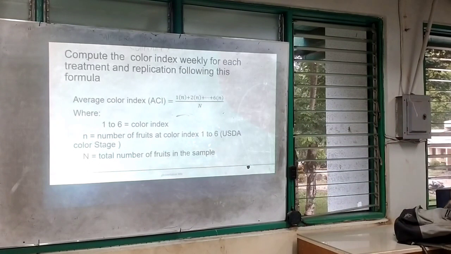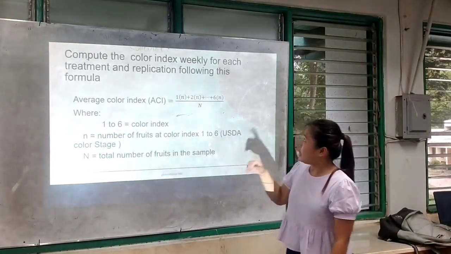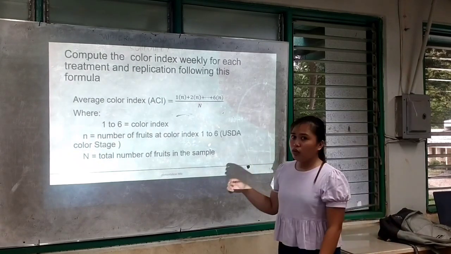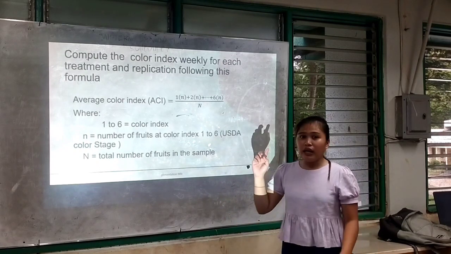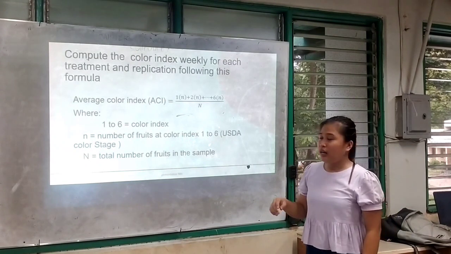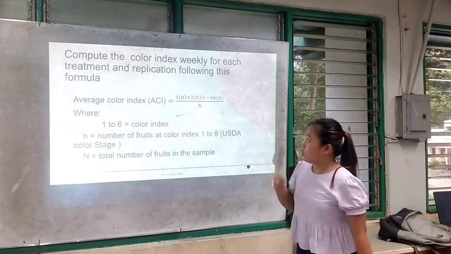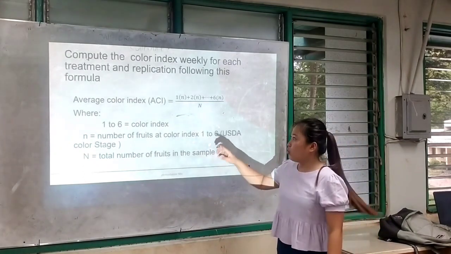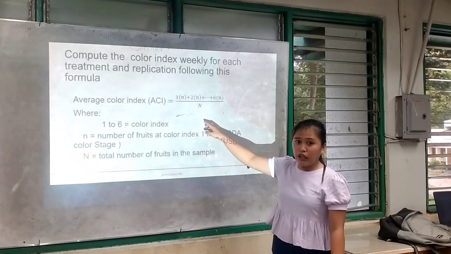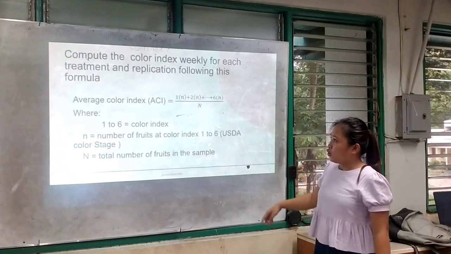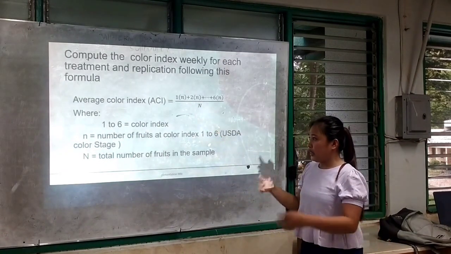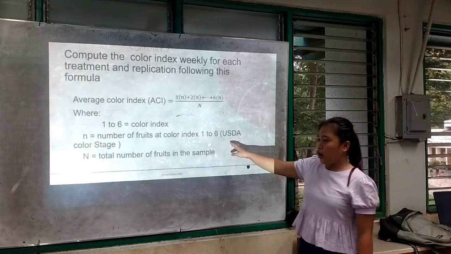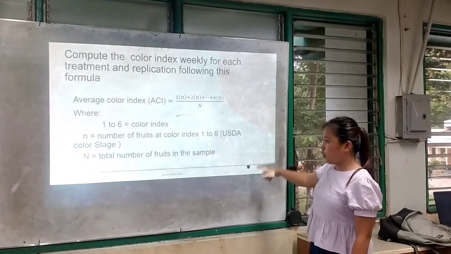The formula here is the average color index, or ACI, equals 1n plus 2n plus 3n and the rest, over the total N, or the total sample, where 1 to 6 is the color index and n is the number of fruits at color index 1 to 6, as stated here at the color stage.